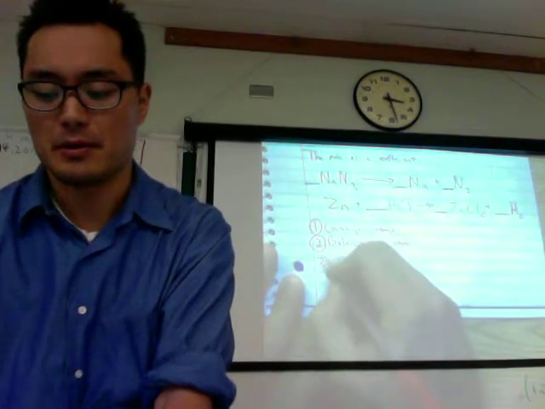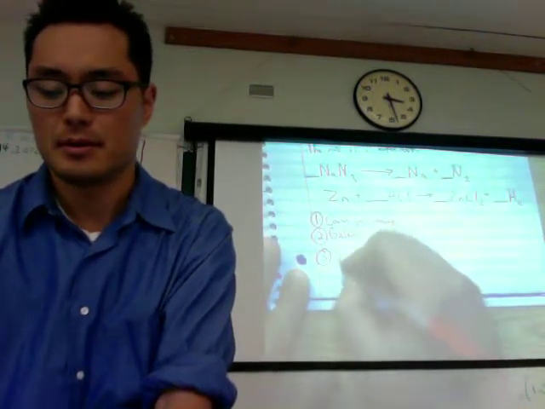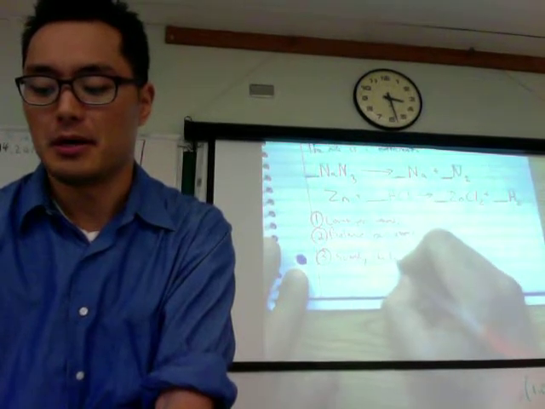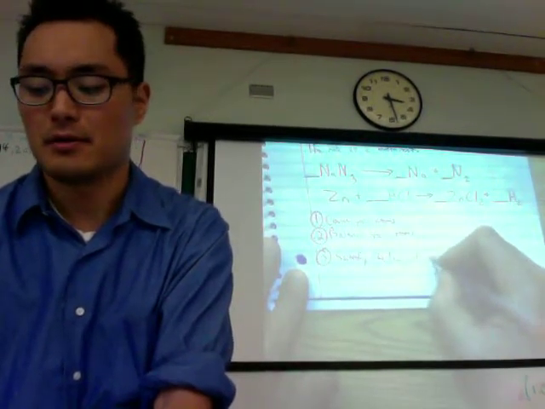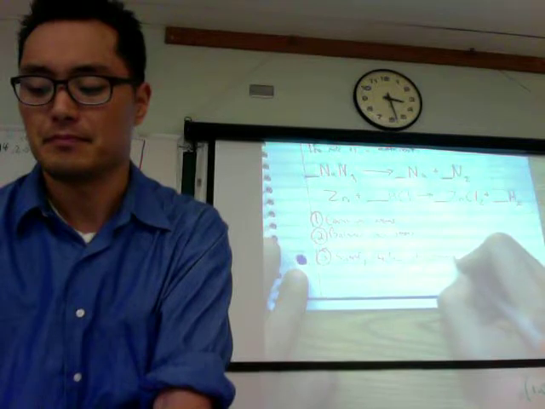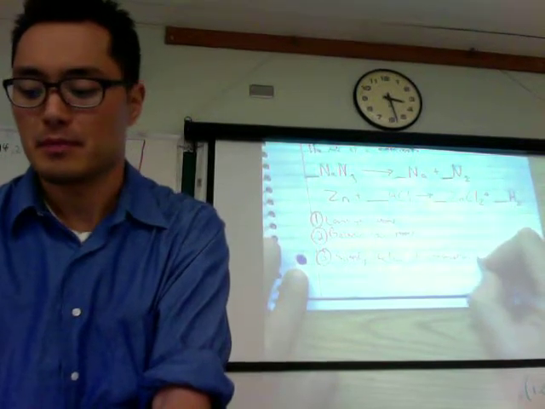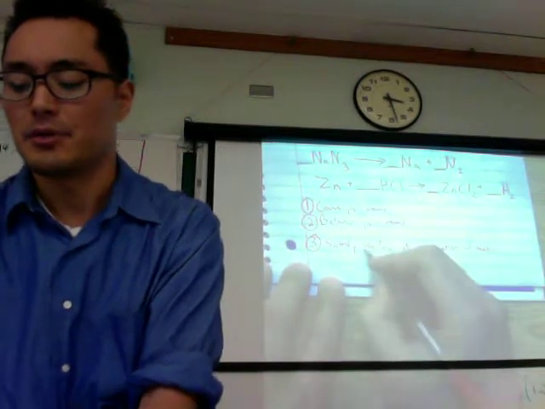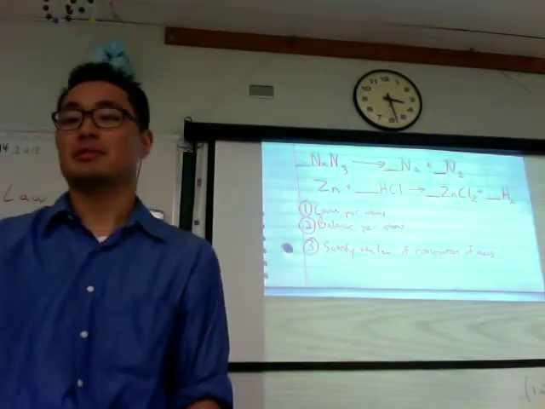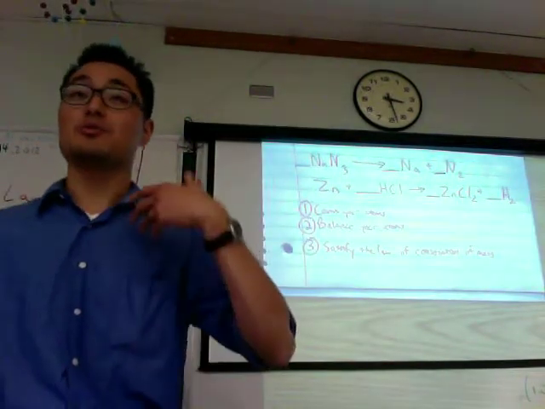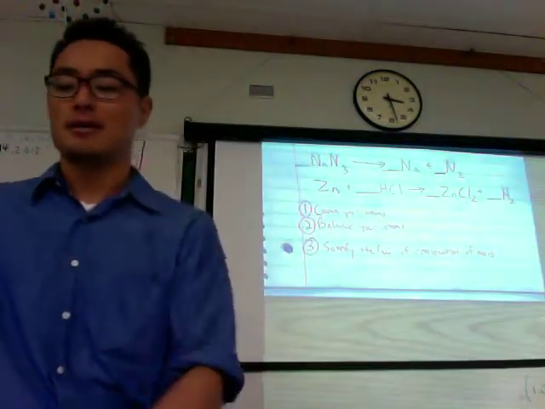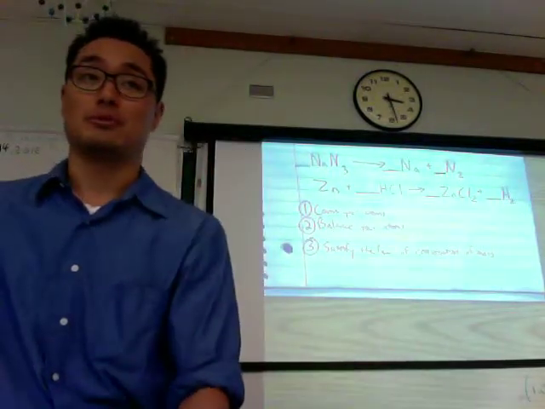And number 3, satisfy the law of conservation of mass. Otherwise, things wouldn't happen. This light wouldn't turn on. Our lungs wouldn't work. We wouldn't take in oxygen and release carbon dioxide, because this law has to come true.